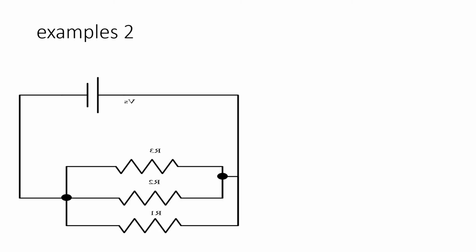Second example is actually a reflective example. If you look at the circuit in general, you will see 3 resistors and 1 battery. And you will see connectors. These are the connectors, the ones I will draw in red.